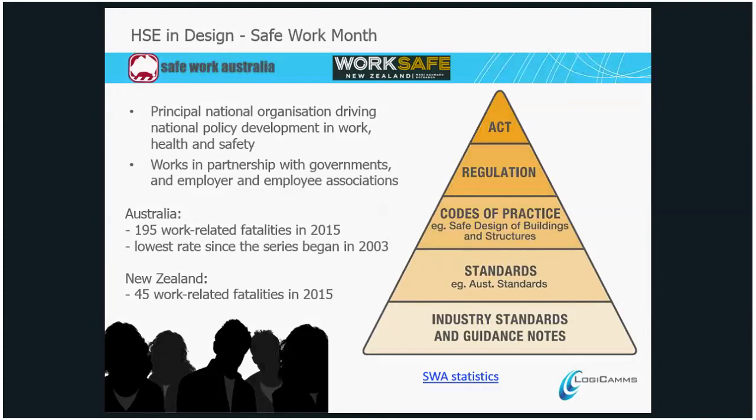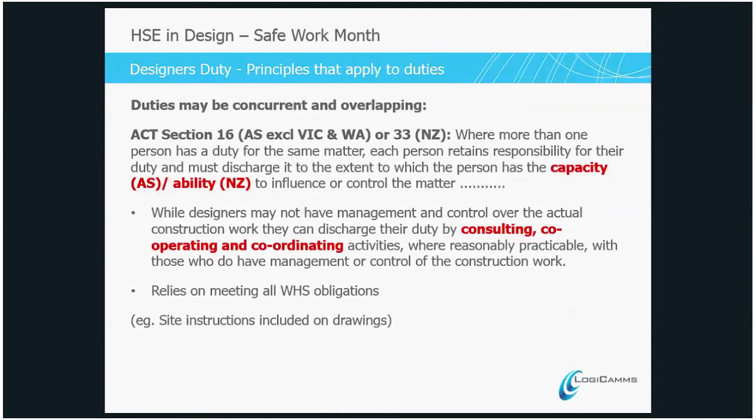Codes of practice fall below that, and standards like the Australian standards and the industry guides and standards also apply. However, they're not mandatory. Codes of practice are only a guide, standards are a guide, and industry standards and guidance notes are only guides. The reason that they are guides is because there are various ways to do things to mitigate risk, and for that reason they're not mandated practices.